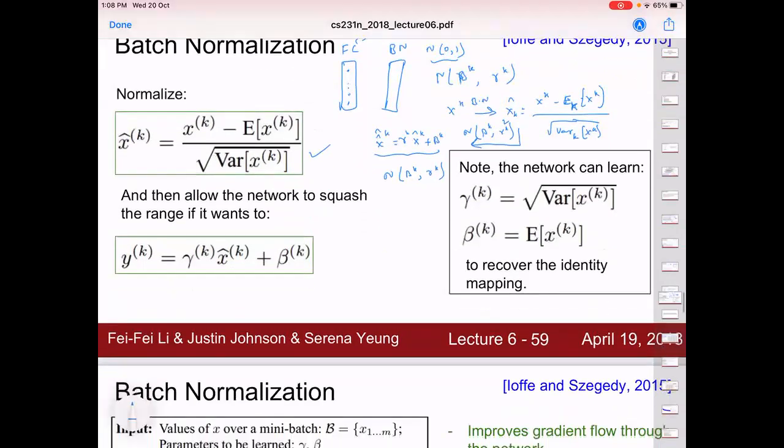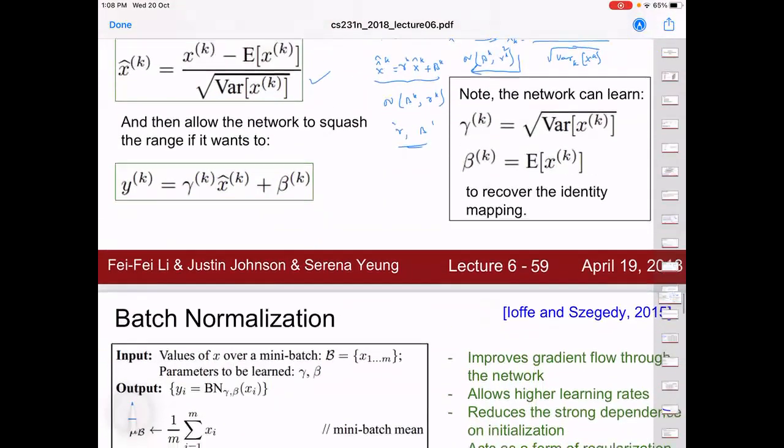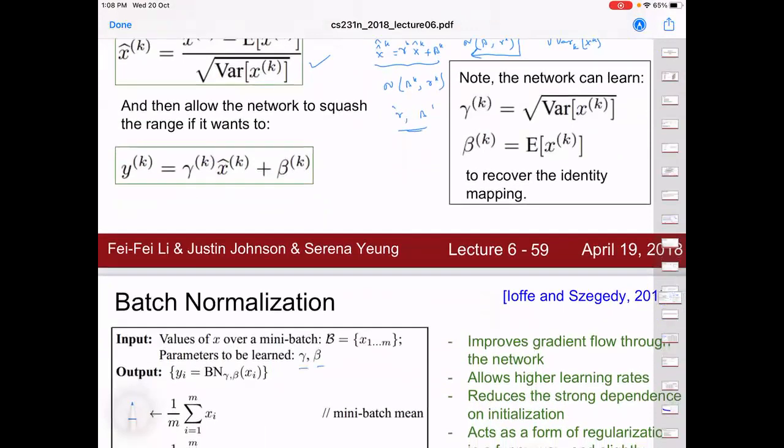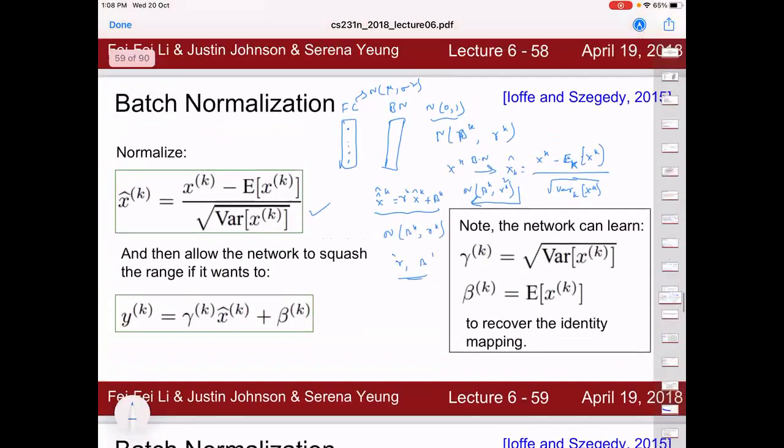And these beta and gamma parameters can also be learned, for each batch or for the whole batch. So this is while training. While testing, we remember these gamma and beta parameters, and we also remember the means and variances, because for the test sample we don't have a mini batch.